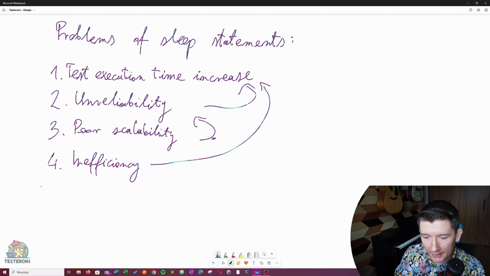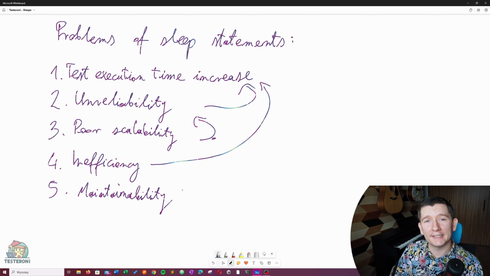And last but certainly not the least is the maintainability. So the problem with hard-coded sleeps is that they are very fragile. They are very prone to breaking when the application under test changes.